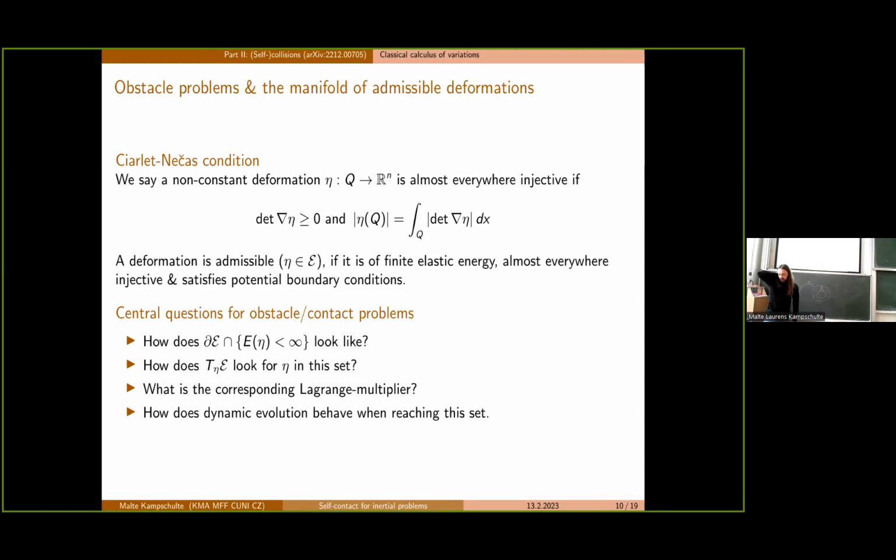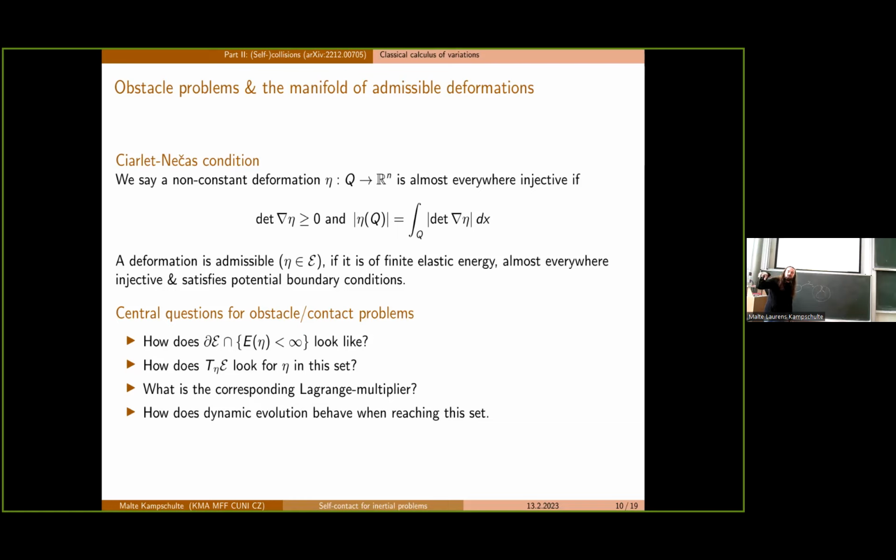And I like to think about this very abstractly. So central questions are, okay, if I treat my set of admissible deformations as just some abstract manifold in some sense, then as long as I'm in the interior of this manifold, I'm fine.